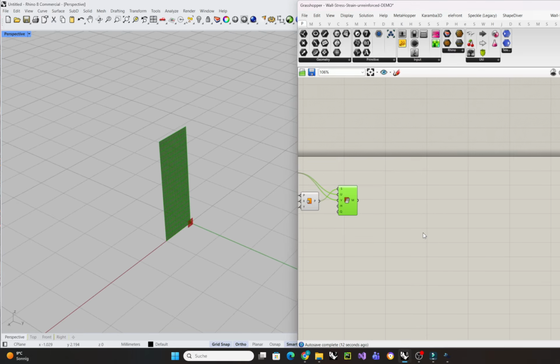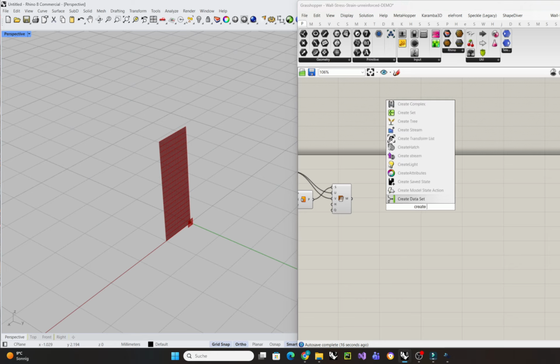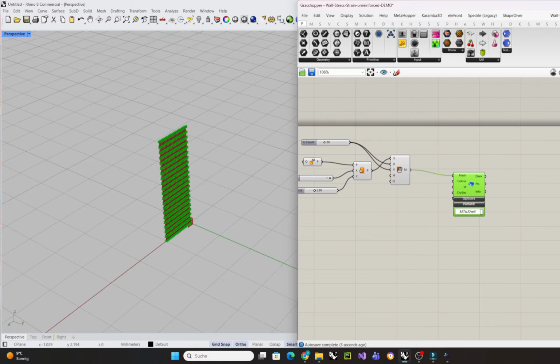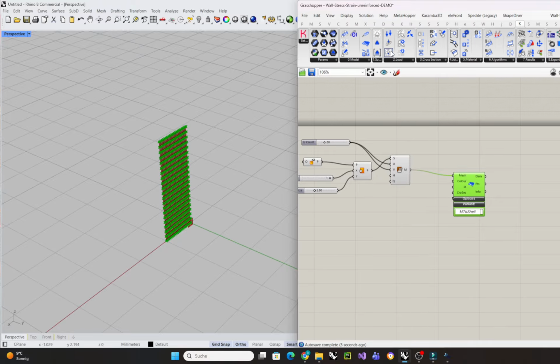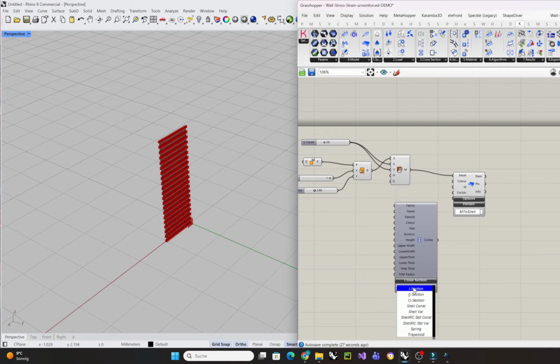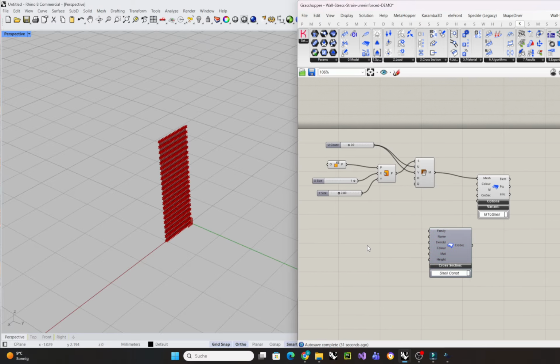Let's go straight to Karamba. I'm going to need the Create Surface Element component in Karamba. This is the mesh and cross section. Let me turn on the components, and just the cross section component. I need a shell constant cross section with the material concrete.